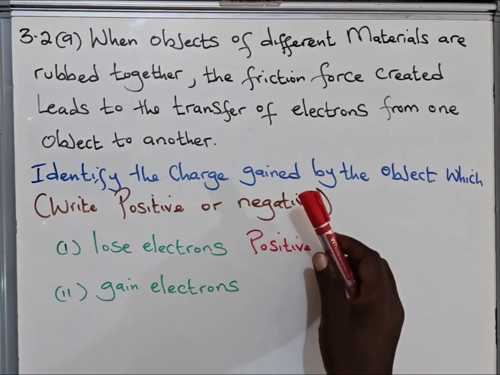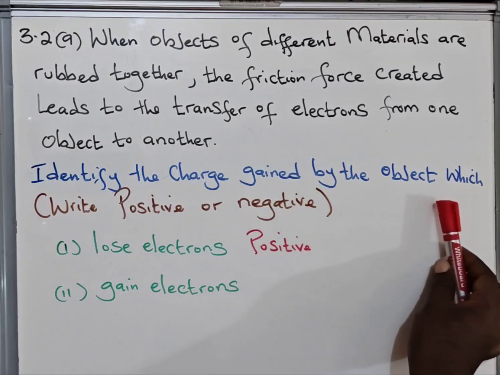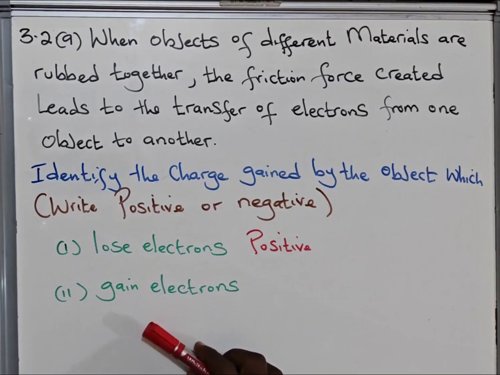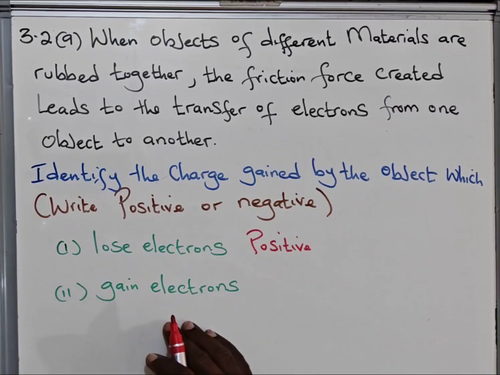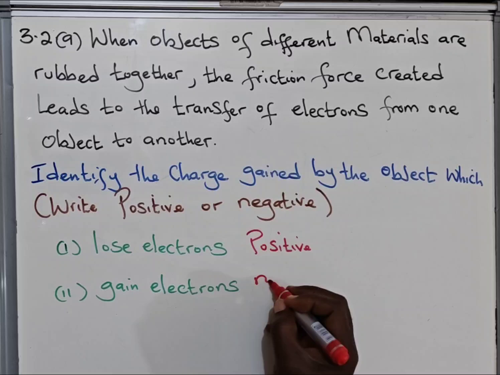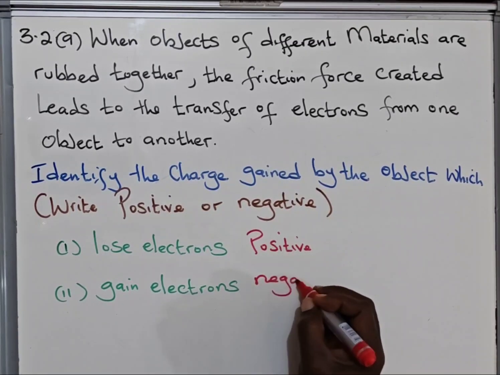Identify the charge gained by the object which gains electrons. We have to remember that electrons are negatively charged. Where they go, they make that part negative. So gaining of electrons makes the object negatively charged.